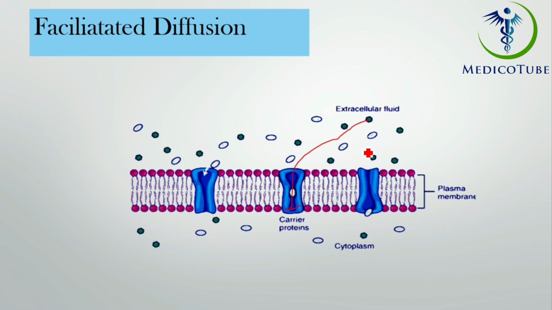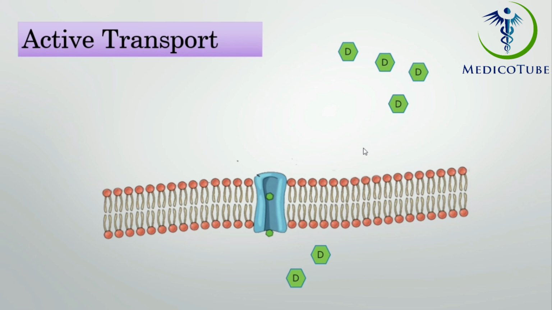So this is also simple, nothing difficult here. The drug also moves from the higher concentration to the lower, same as passive diffusion. The only difference is that in this system the drug needs carriers, because the drug has a large molecular size, so it needs carriers to pass the cell membrane. Now let's go for the third one, active transport. In active transport, the mode of entry also involves specific carrier proteins that span the membrane.